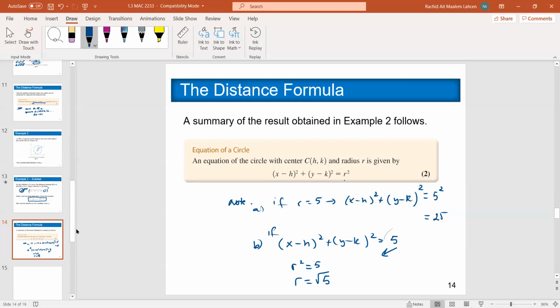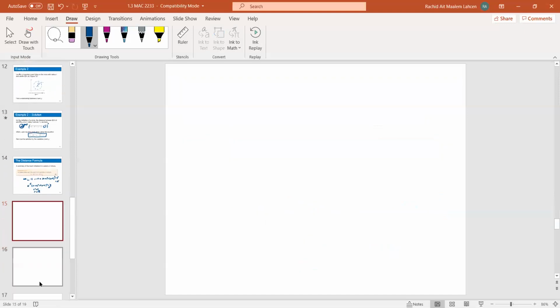And the special case for it, let's do another note. A special case is when the circle is centered at the origin. When it's at the center, h and k are 0, 0.